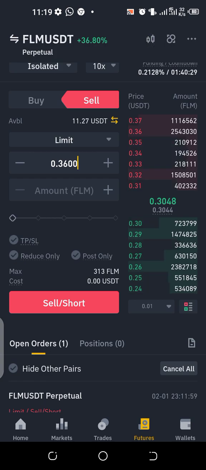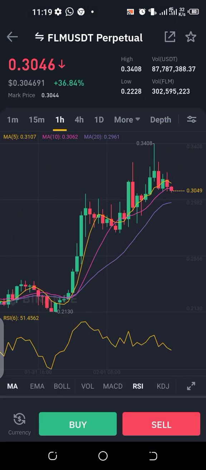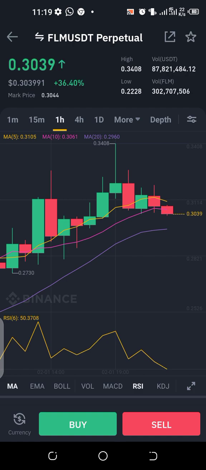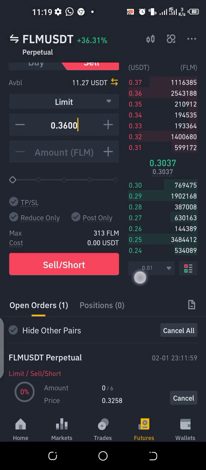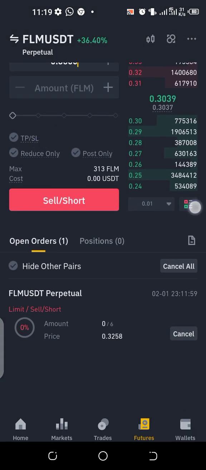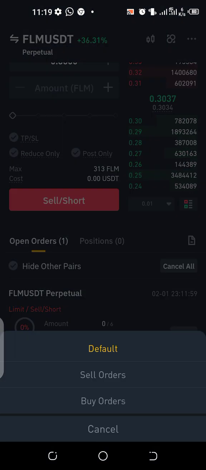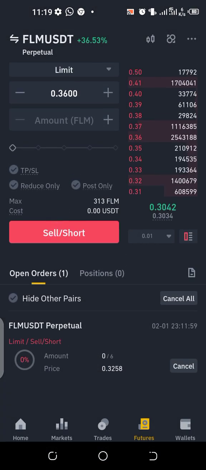So the other time I said that I was going to place a sell order at 3258 because I think it's not going to rise to 0.3408 before falling back down. Or even if it does, I want to place an order at a place I'm sure the order will be met. So I'm going to place it 150 points below 0.3408. But from the order book, I can see that there's a resistance now at 3600.